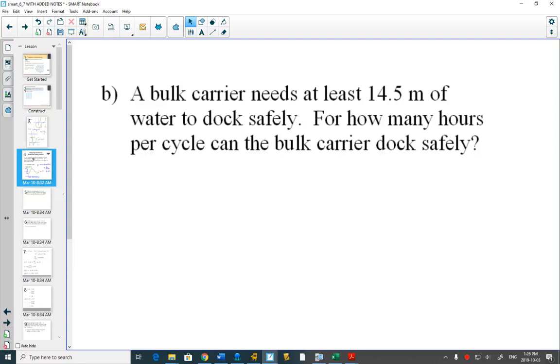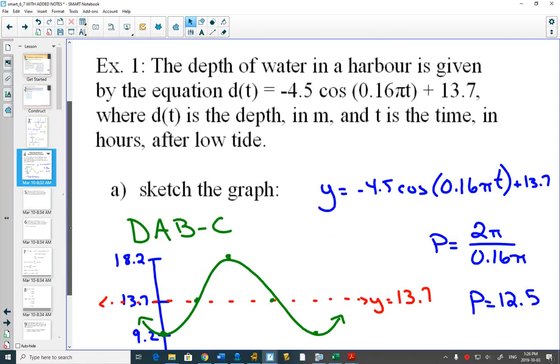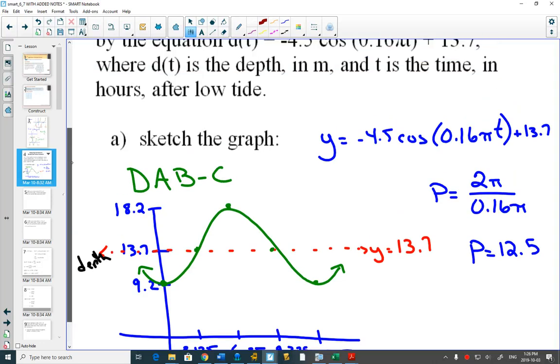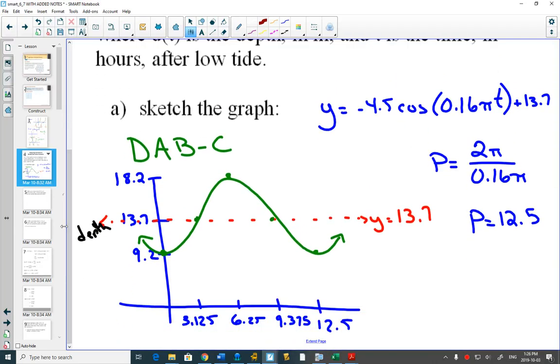So on our diagram, if we look at our picture that we've graphed already, and I label where 14.5 meters is, maybe we should label this. This is depth, and this is time down here. We need a depth of 14.5, which would be about here.